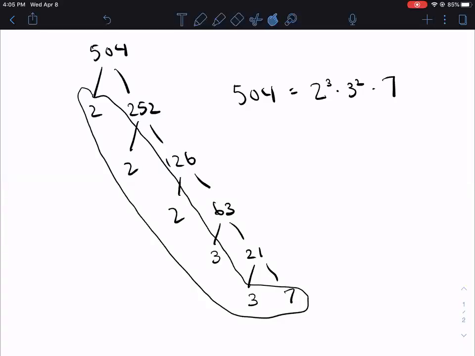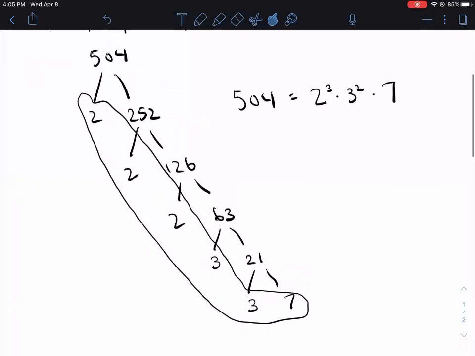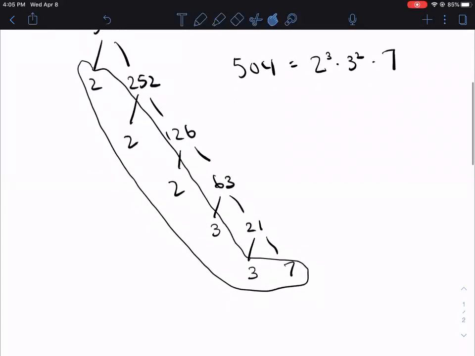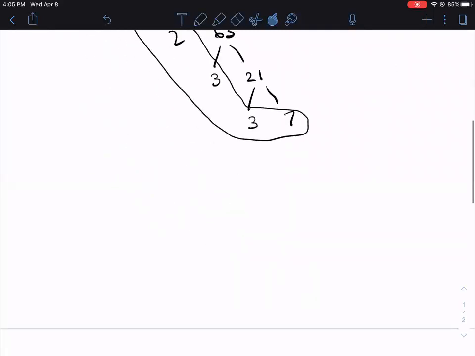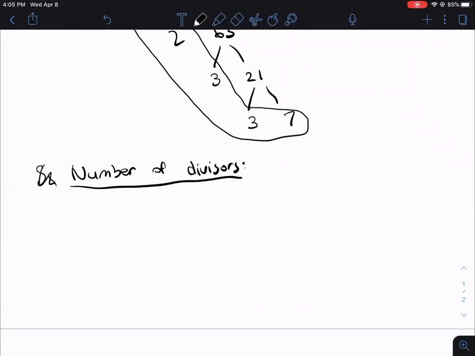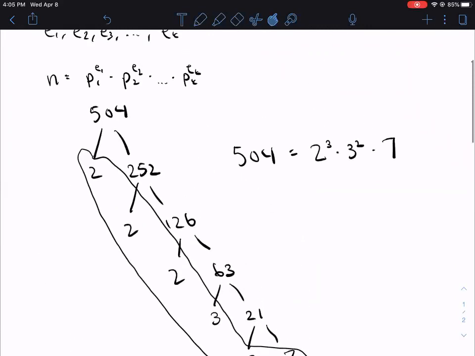Okay, so if you want to divide it and find the number of factors for 504, it would be a lot. So instead, we have this really useful formula. Let's consider this formula right here.